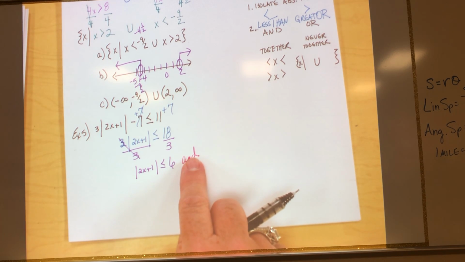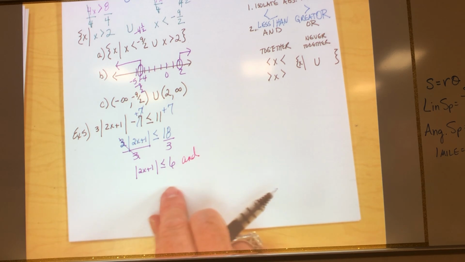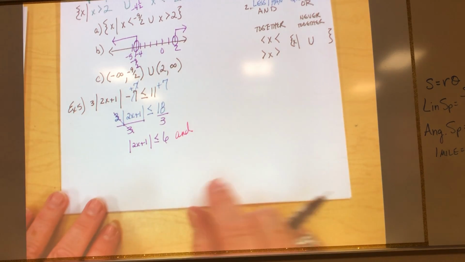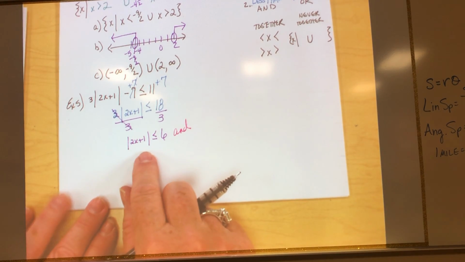Or we can just write it as a compound statement and it will already be together. That's the way I like to do it, okay? So that's the way I like to teach it. I told you you could do it the other way if you want to. You have to be very careful because sometimes, because it's apart, then you forget to put it back together and that'll mess you up.